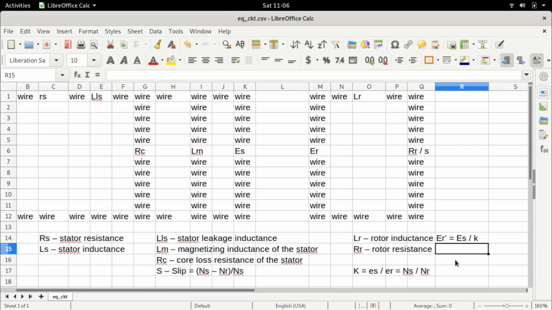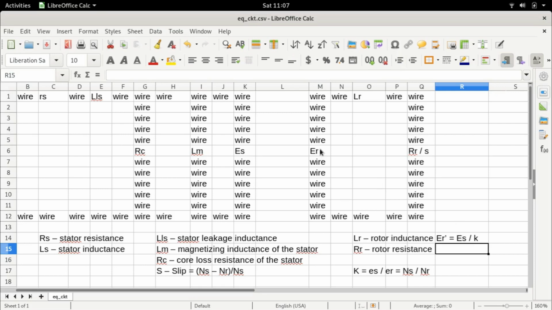So what does that imply? What this implies is that if there was a rotor current, because this is how we've defined K, this is how we define the rotor current. So the rotor induced EMF is equal to the induced EMF ES divided by K.